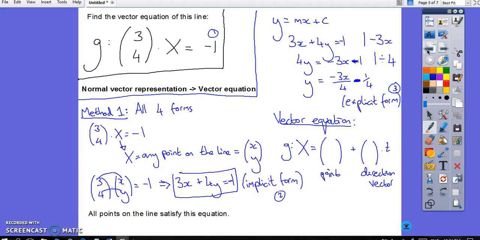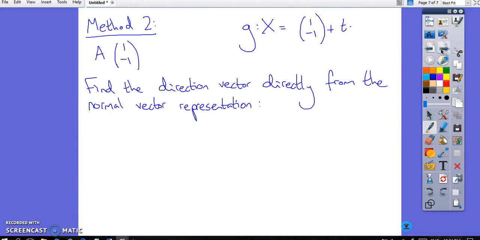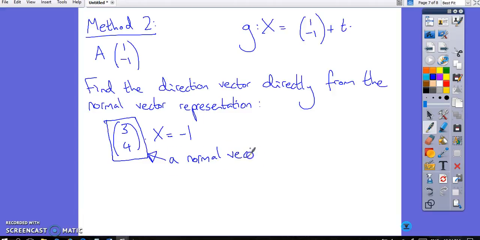I know that in my normal vector representation here, (3, 4) dot x is -1, this vector here is a normal vector for the line, because that's why it's called the normal vector representation.